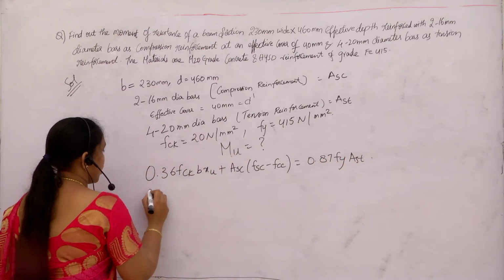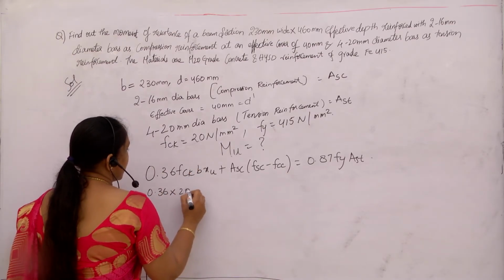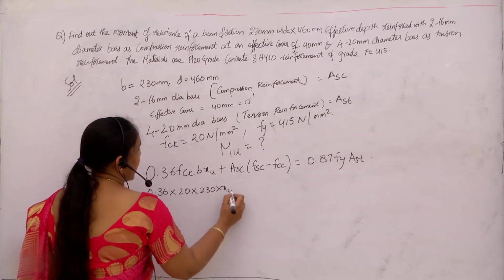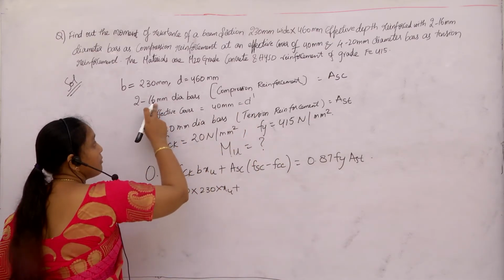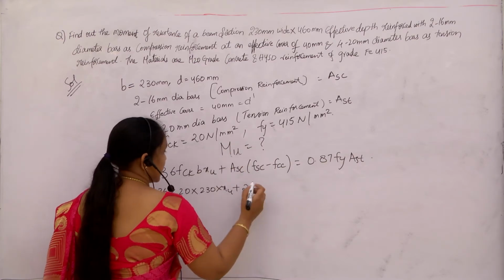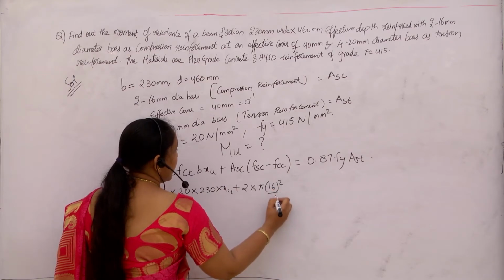Now I am going to substitute all the values. 0.36 into fck. What is fck? It is 20. And what is b? It is 230. And xu is what you have to calculate. Plus Asc. How will you calculate Asc? How many bars do you have? 2 bars. What is the diameter? It is 16. So n into pi d square by 4.